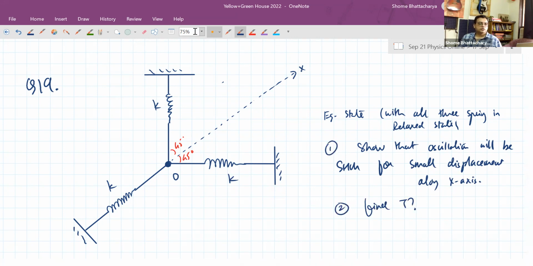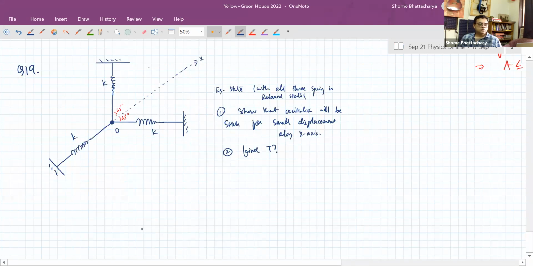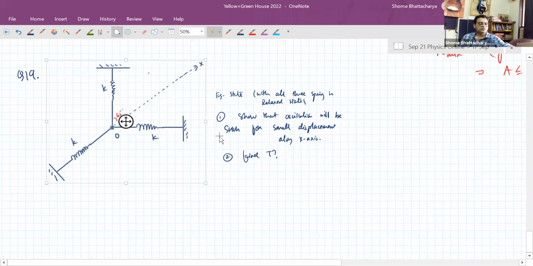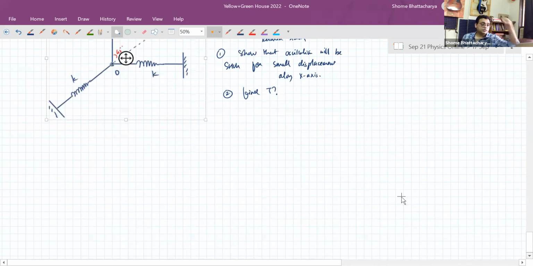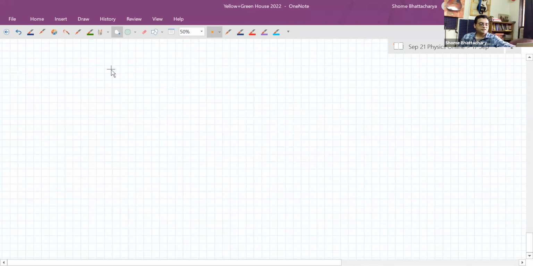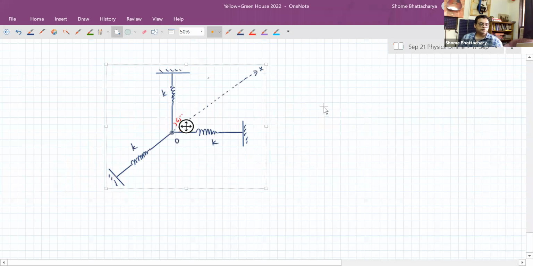So that small displacement thing becomes important over here. Because now you can see that from this situation, if we displace it along the x-axis, all three springs will come into action. And in general, the net force will be restorative, but may not be proportional to displacement from mean position.